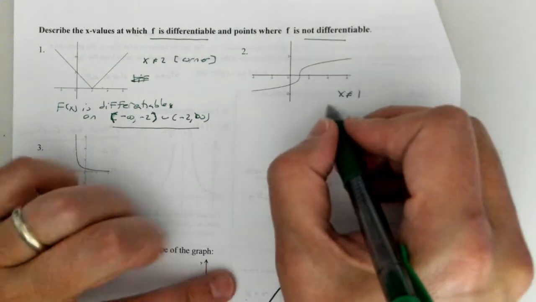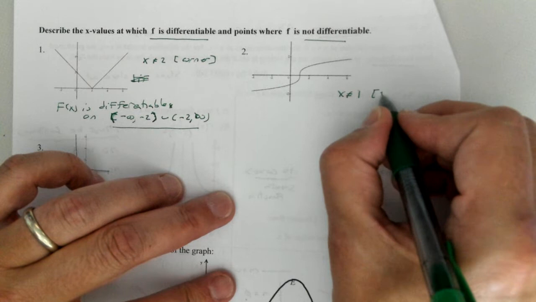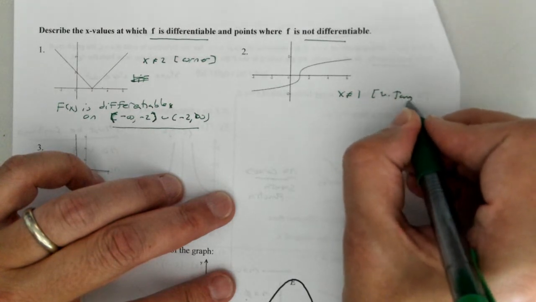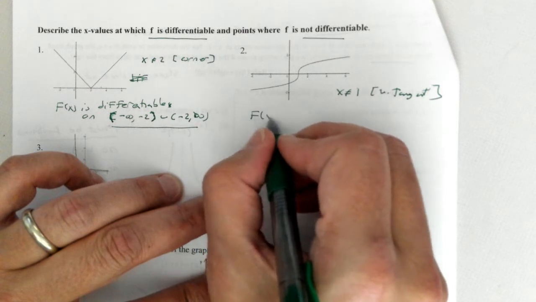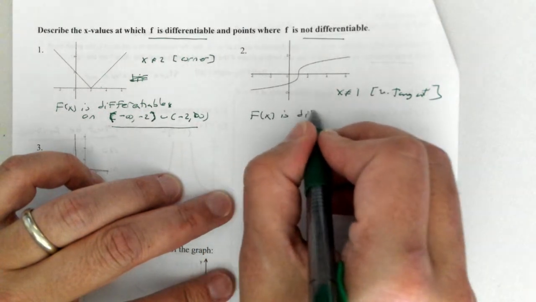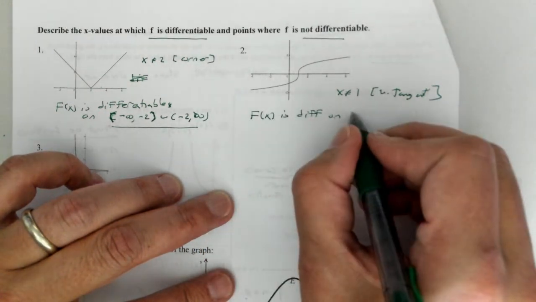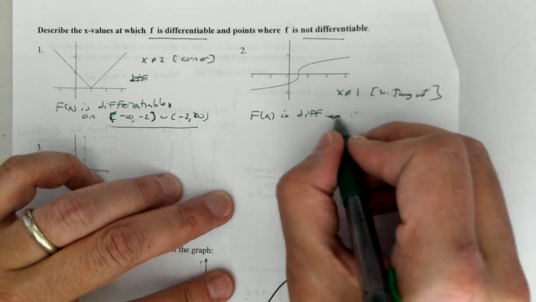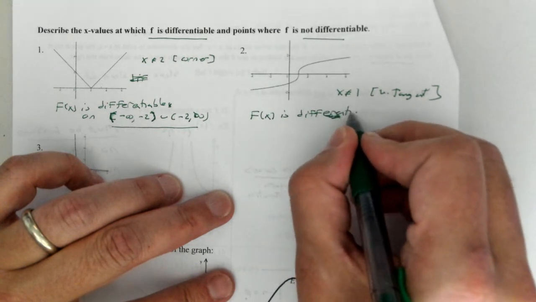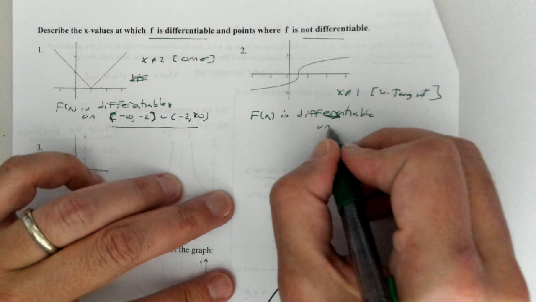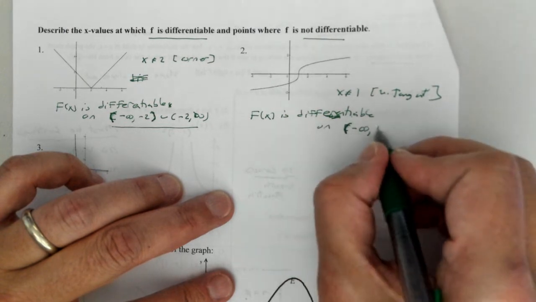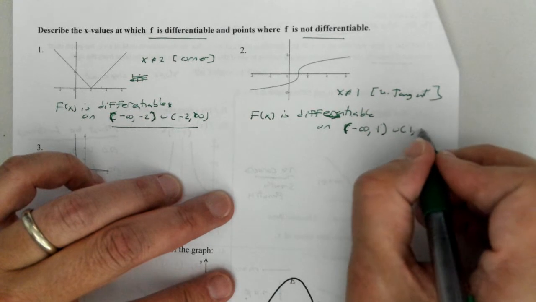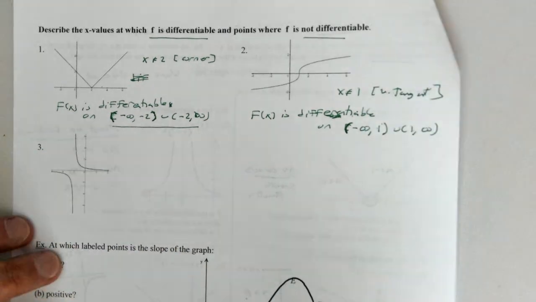Can't be 1 because that's a vertical tangent. And where is it differentiable? f of x is differentiable, should spell out differentiable, on the domain negative infinity, soft bracket again, keep doing that today, to 1, or 1 to infinity and beyond.